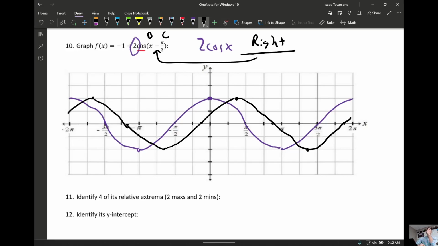Okay. So at this point, I've started with the cosine parent function. I changed the amplitude to 2, and I have dealt with the phase shift right pi over 3. And then to finish the question, this -1 being on the far left, or if it's on the far right, either way, that's taking away 1 from all the y values. So this is going to shift it down 1.